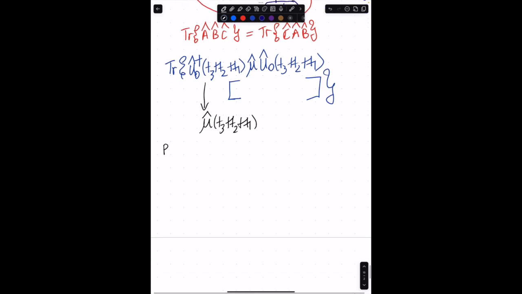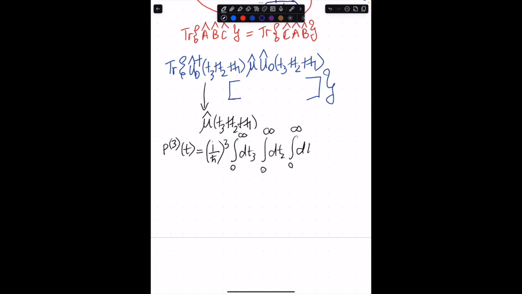So let me rewrite the third order polarization term completely now. So you get i upon h bar cubed, integral from 0 to infinity dt3, 0 to infinity dt2, 0 to infinity dt1, and then you have E of t minus t3, E of t minus t3 minus t2, E of t minus t3 minus t2 minus t1.